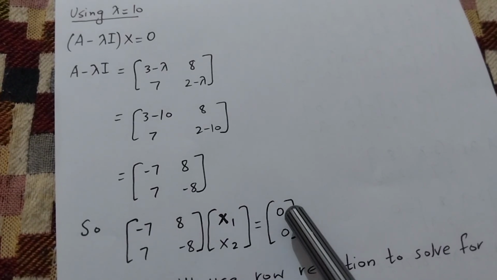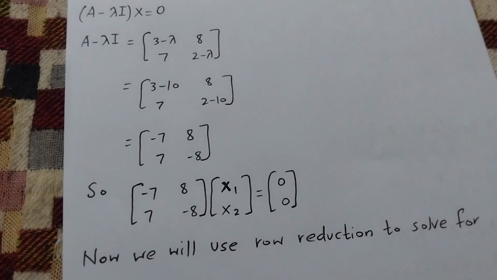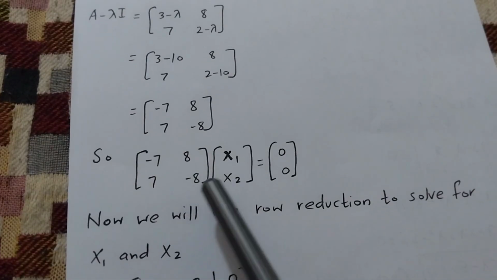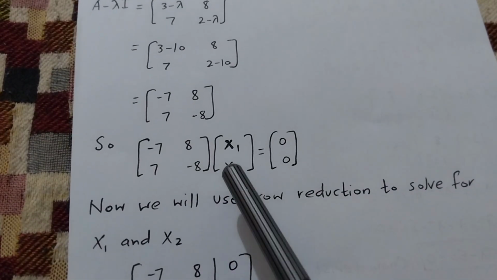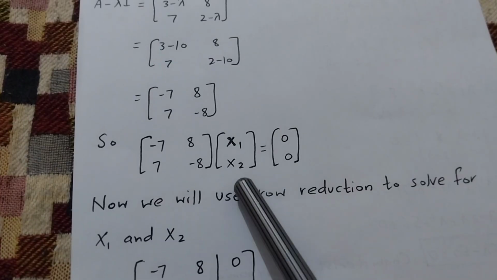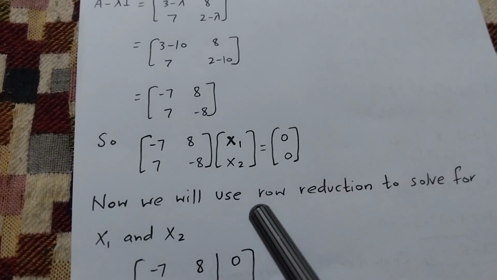So it's a vector and it has two components, both of them are 0. So we have to solve this system basically, and we are interested in x1 and x2, and for that we'll use row reduction.